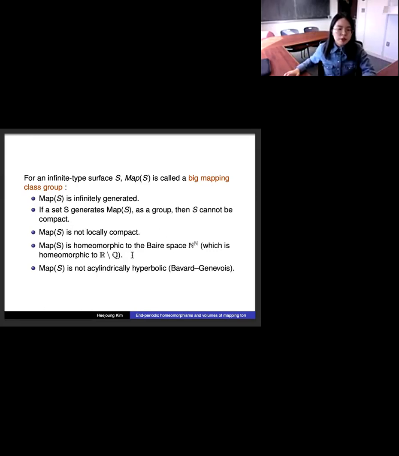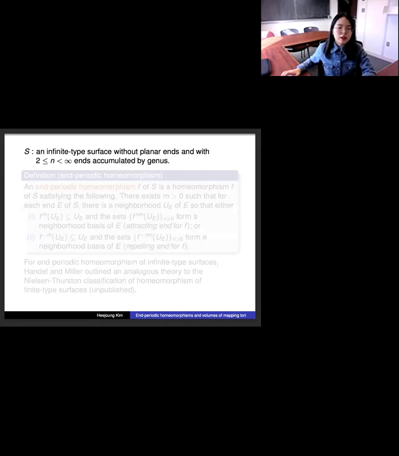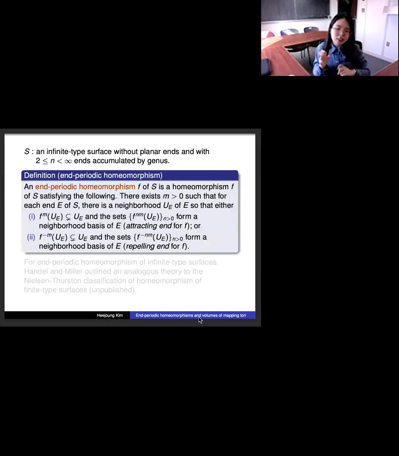So let's move on. Now we restrict ourselves to an infinite type surface without planar genus, planar ends, and with n ends accumulated by genus. So we are thinking of a surface accumulated by genus. Then there is an end periodic homeomorphism, which is a shift by one in the ends. And here is the precise definition.